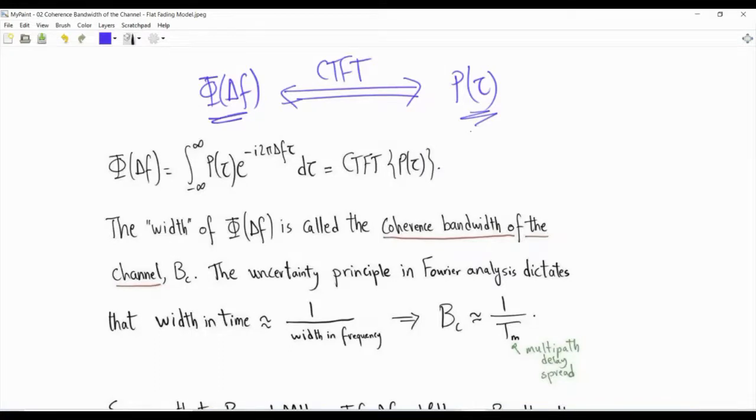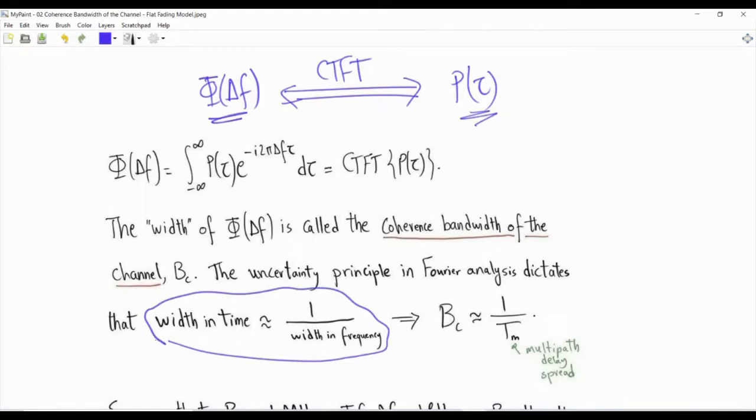For well-behaved functions, the width in the time domain is, you can say, a factor over the width in the frequency domain.